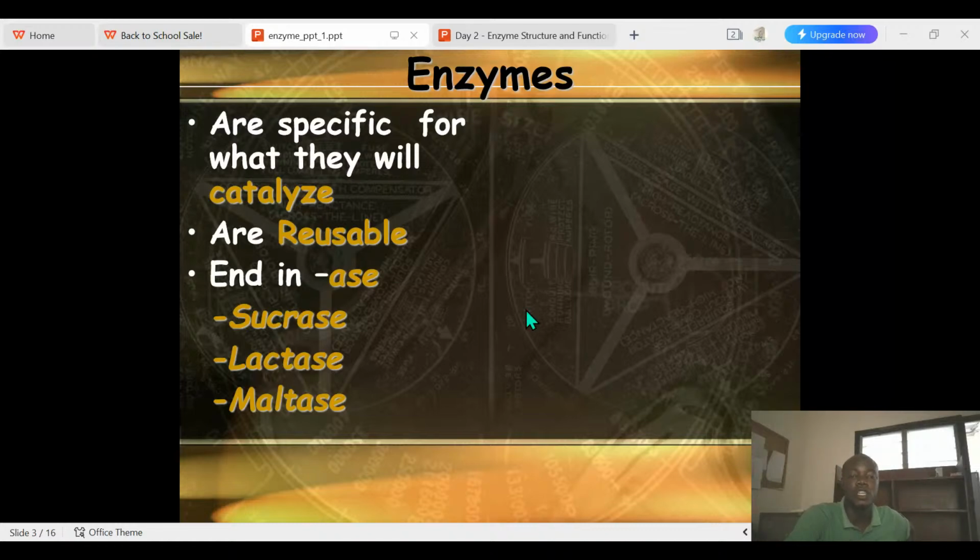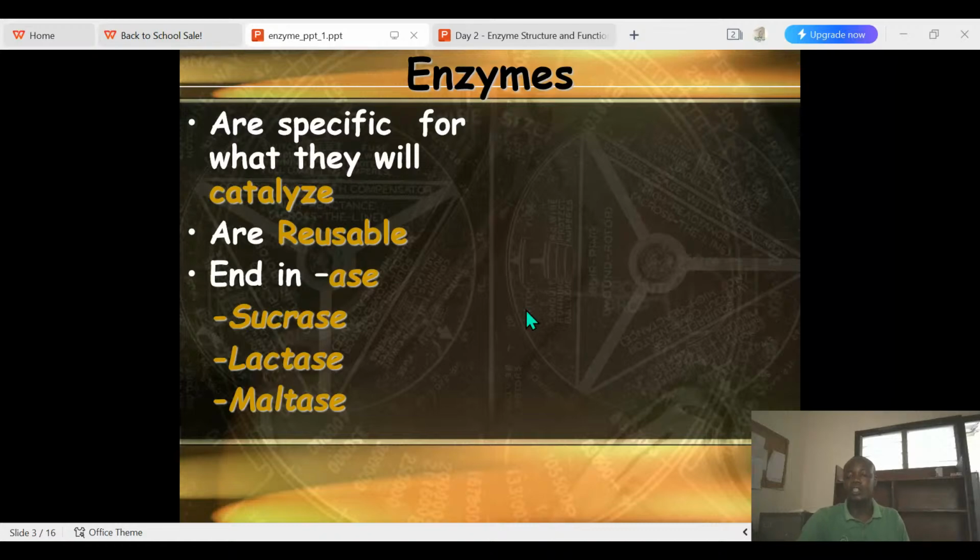That is what you call an enzyme. Enzymes are highly specific on what they catalyze and they are reusable. It means that if an enzyme is used to convert A to B, then after it converts A to B, you can still use it again. That's the meaning of reusable.